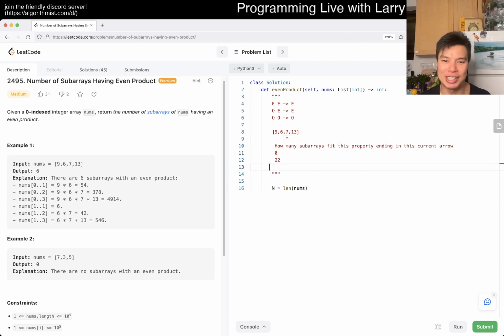For more illustration, let me change the example up a little bit. Ignoring how everything adds up, let's say we have another few odd numbers for now, and let's say we're looking at 7 again. We start at 6, and now we have 4 degrees of freedom, meaning the subarray can go 7, 6, it can go 7, 6, 9, 7, 6, 9, 3, 7, 6, 9, 3, 1, right?